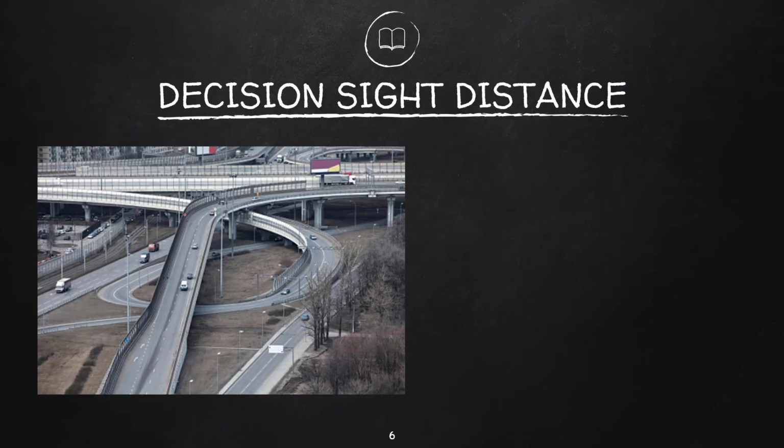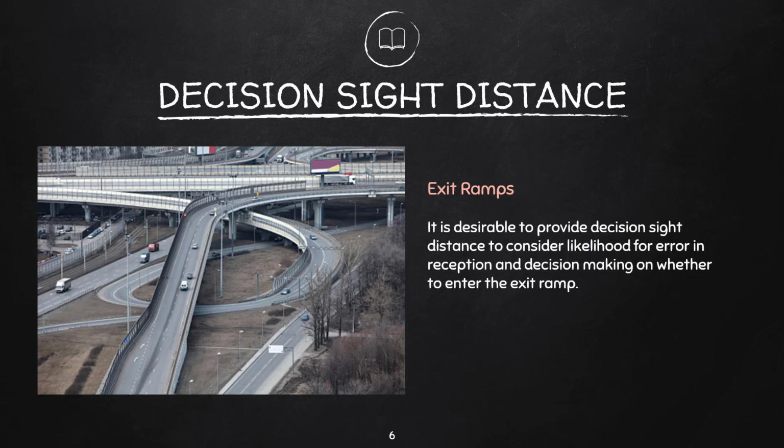For you to have an idea, these images show exit ramps. Whenever you encounter an exit ramp, it is desirable to provide decision sight distance to consider the likelihood of error in reception and decision making on whether to enter the exit ramp, especially when you are not familiar with that specific area.